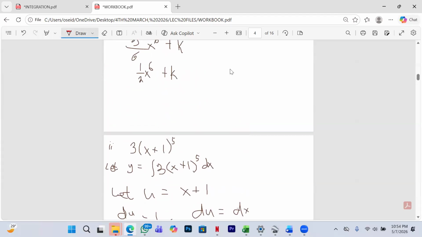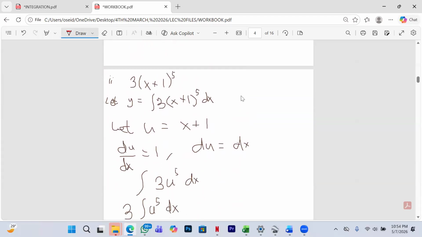We bring the three here, then bring our integral sign. Then we have our x plus 1 exponent 5 dx, right?